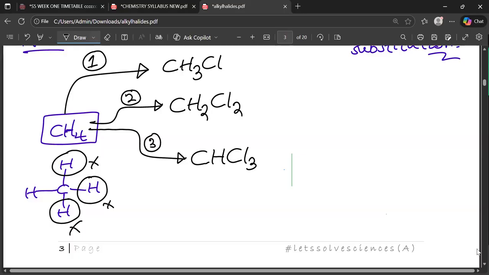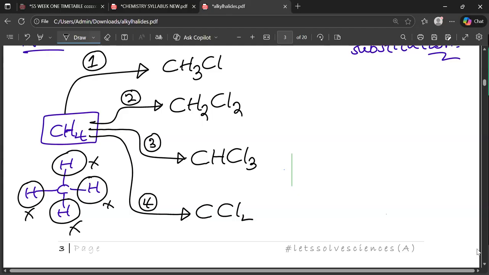What if we go ahead and we replace all of them, all the 4? That means we are also coming to this one, and we are giving it away. We are losing it. What is going to happen? Yes, we have our carbon. We have no hydrogen, but we are having 4 Cl this time round, replacing all of them.